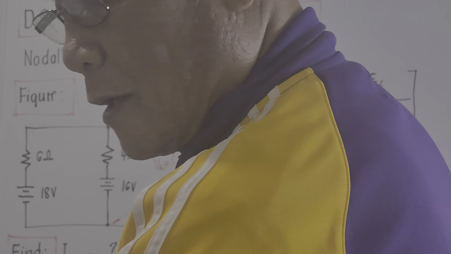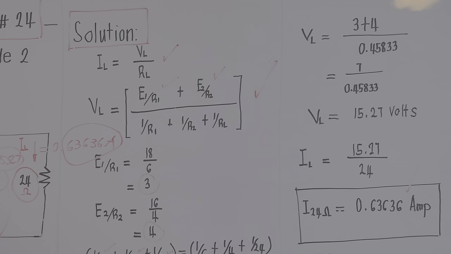For the next part of the checking, we'll short out this 18 volt source here. We short it out. Then this 16 volts will remain. Again, to compute the total current emanating from the 16 volts when this 18 volt source is shorted, we will use the series-parallel.